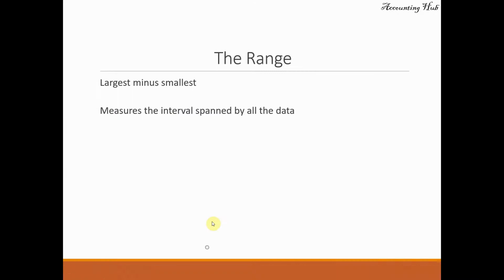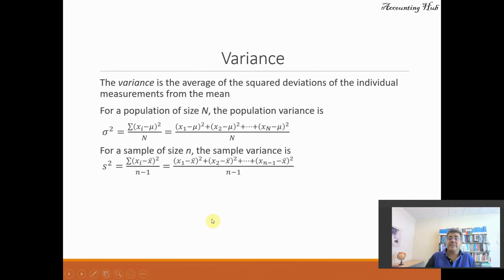And then let's go to the next one. The variance is the average of the squared deviations of the individual measures from the mean. For a population of size n, the total population, the variance is the deviation: observation 1 minus mean squared, plus the squared difference from observation 2 minus mean, and so on until the end, divided by the number of the population.